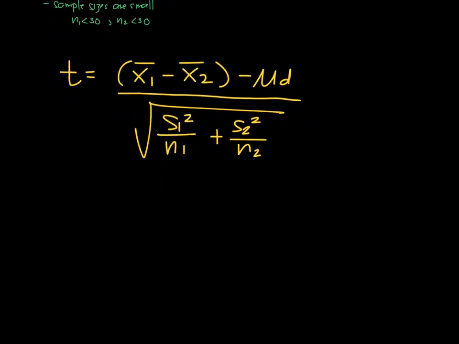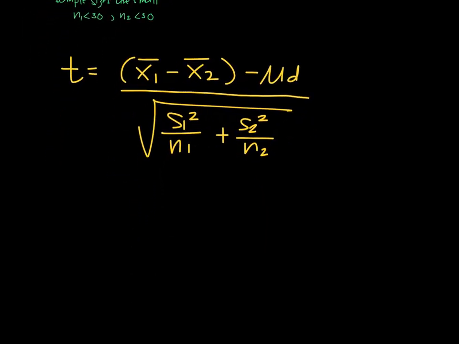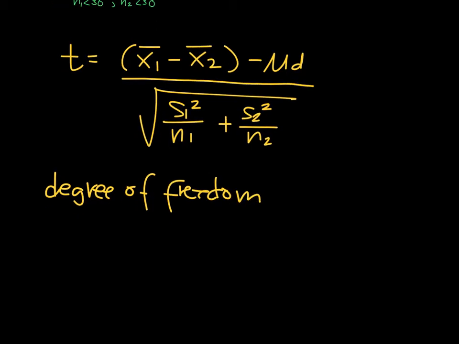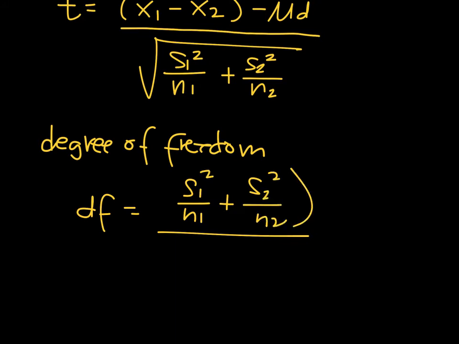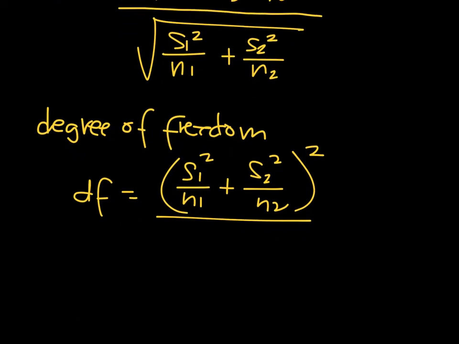Now since this is t, we need to compute the degrees of freedom. So the degree of freedom, let's name it df, is calculated by a fraction: variance 1, s1 squared, over n1 plus variance 2 over n2, and then you square it.